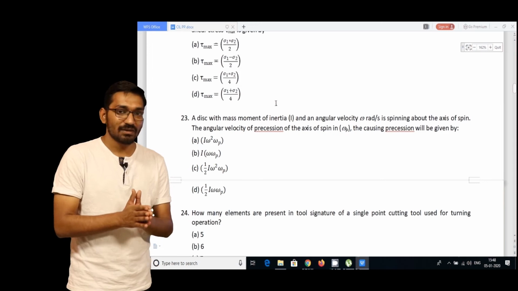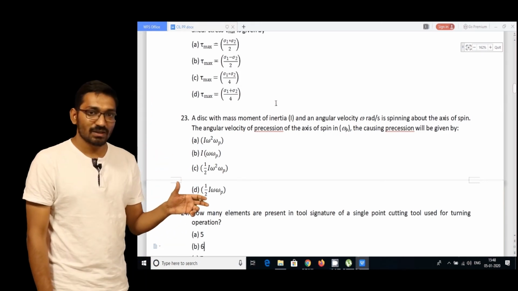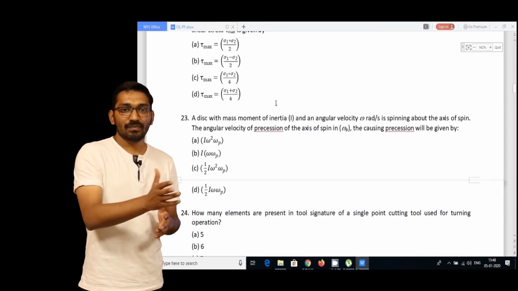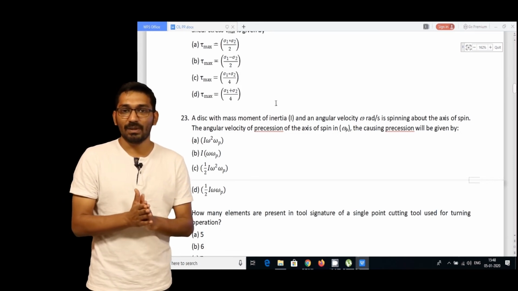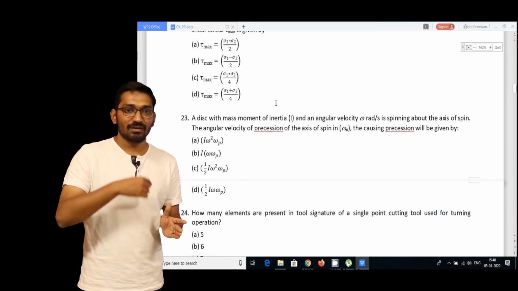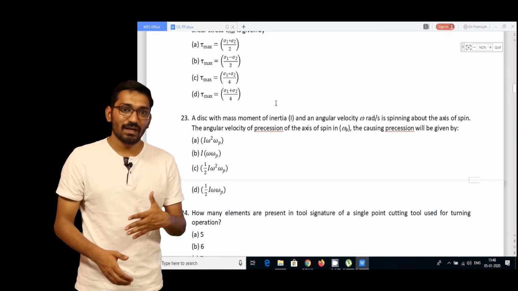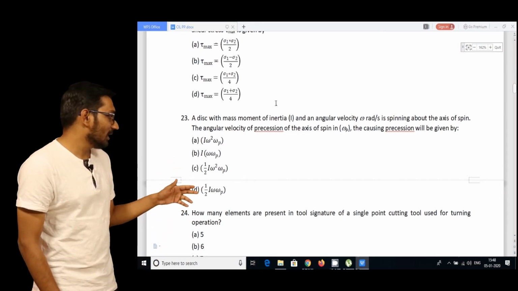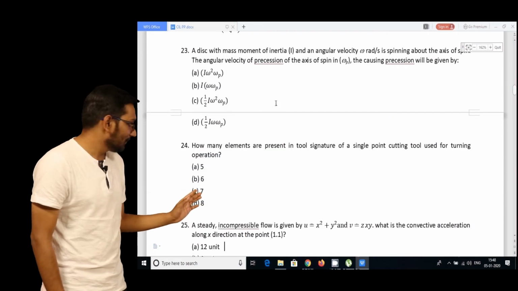You already know that the direct formula for gyroscopic effect is the moment of inertia of the disc into the angular velocity of the disc into the angular velocity of that axis. That axis is also rotating. In the gyroscope, the axis of the rotating disc is also rotating about some other plane. So in that case, the gyroscopic effect will be I omega into omega p. So the option will be B.